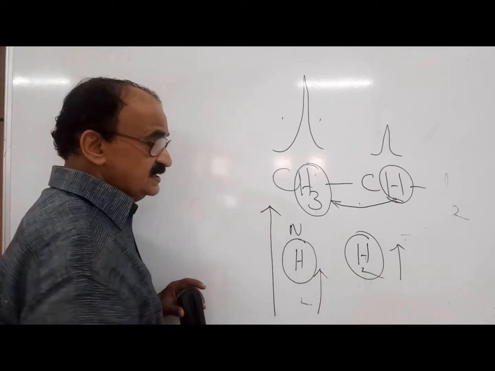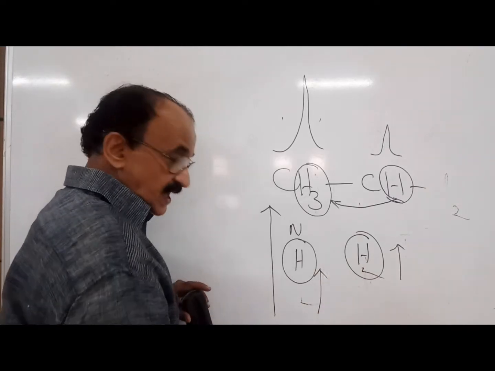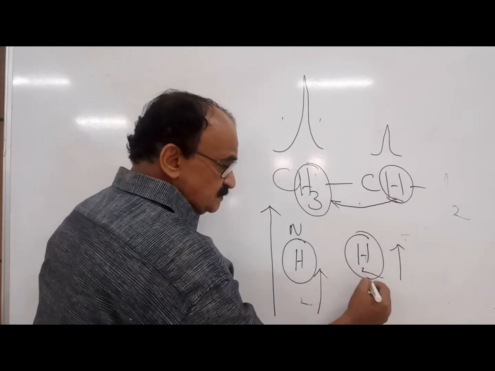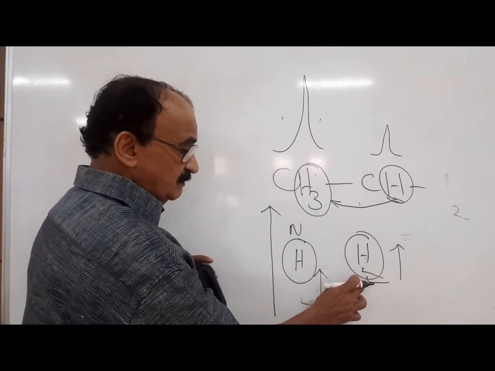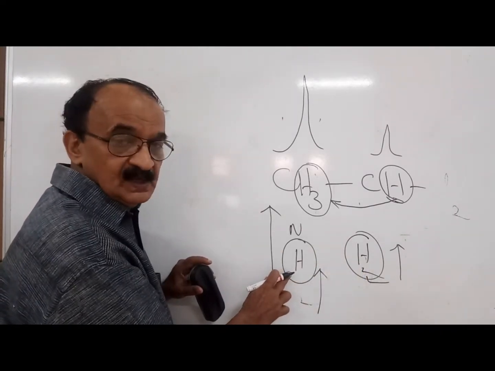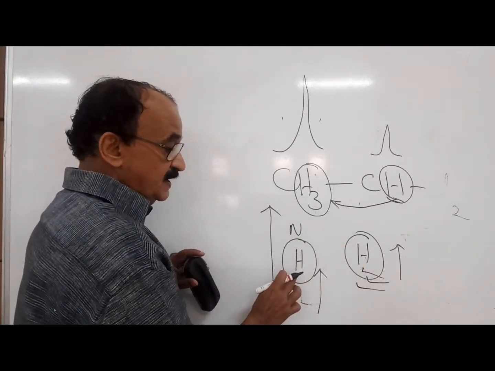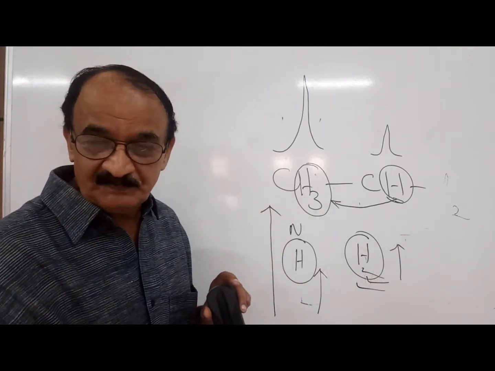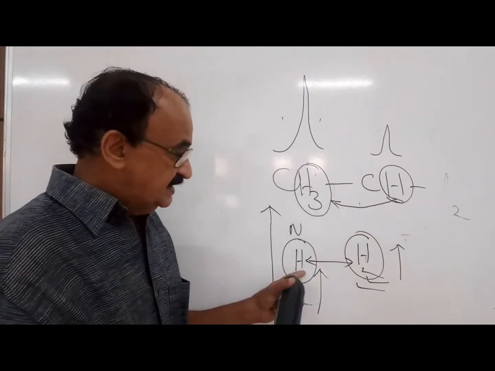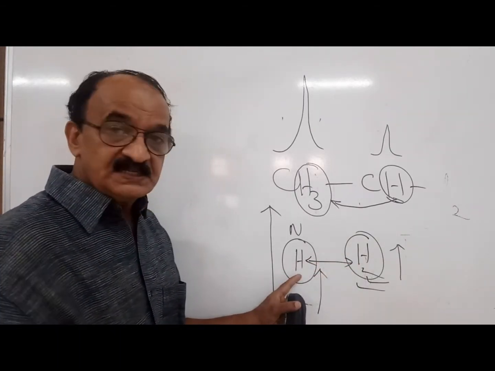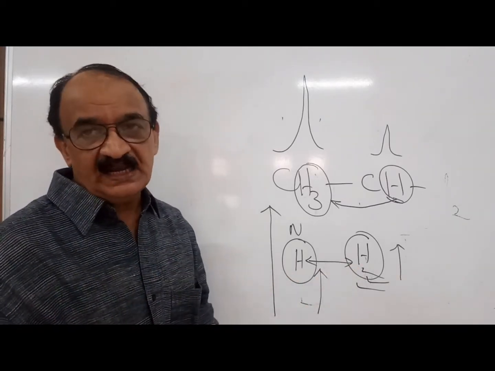As a result of this interaction, this magnetic moment will disturb this one. Therefore, the signal due to this proton will be affected by the presence of this neighbor. How many sub-signals you get here depends on the number of neighboring protons. Therefore, the interaction between the spins of the neighboring protons, which causes further splitting of a signal, is known as spin-spin interaction.